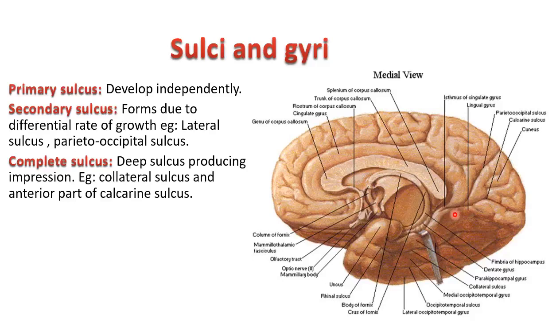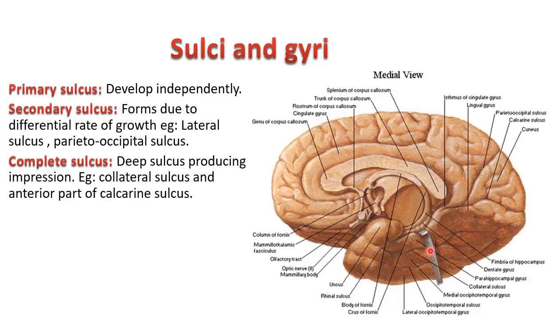If you look at the deep areas, you can see the impressions of these. Mainly the calcarine sulcus produces an impression inside the posterior horn of the lateral ventricle, called the calcar avis. It will produce a bulge into the cavity in the depths of this calcarine sulcus. Same way the collateral sulcus.